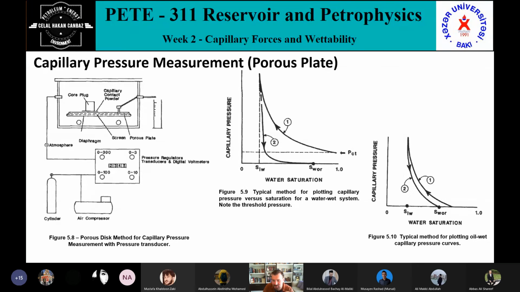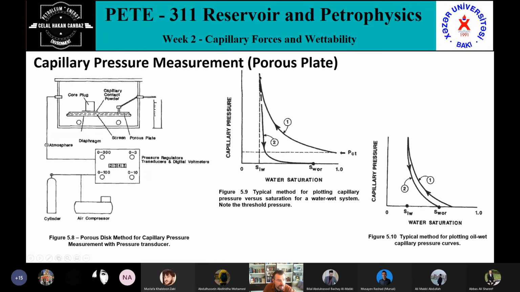Actually, at the end of this, until it reaches a certain value, the capillary pressure is plotted as a function of water saturation, as shown in these two plots. In the first plot, you started to force, and it continues until it reaches a certain irreducible water saturation level.